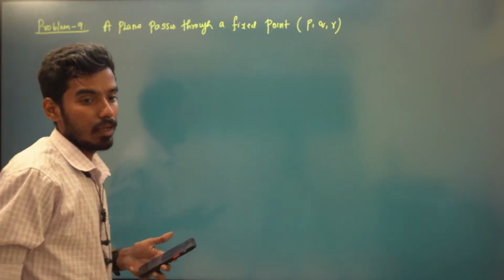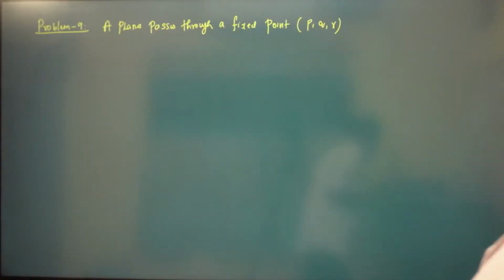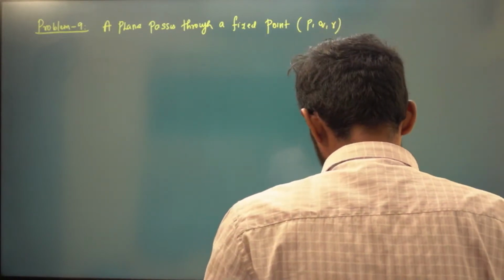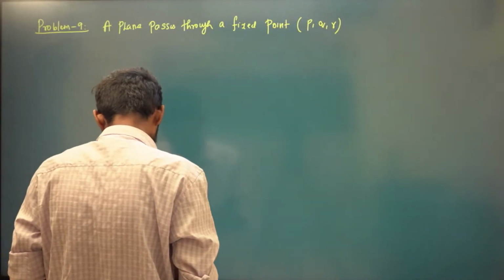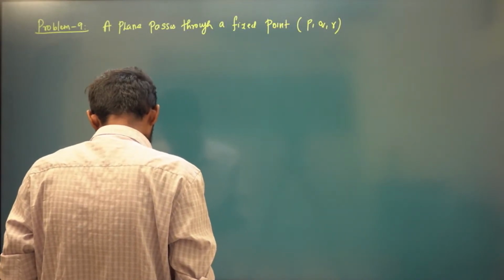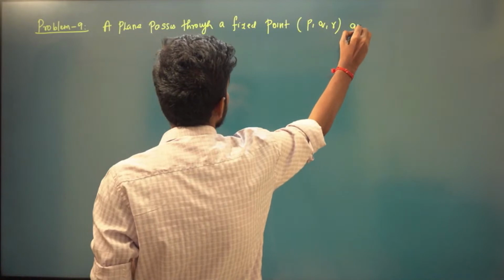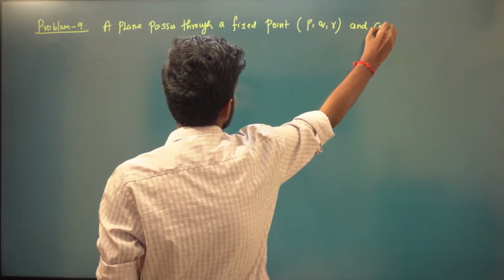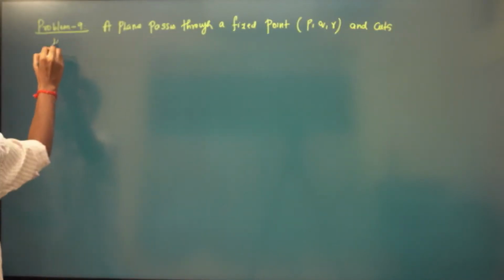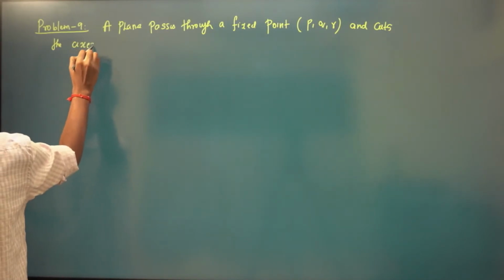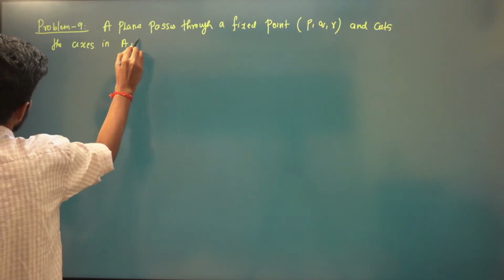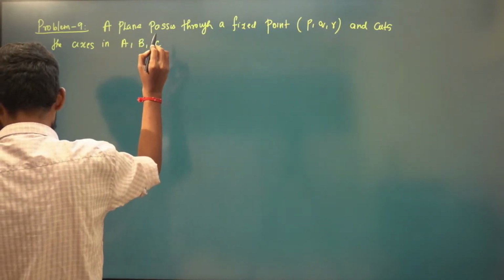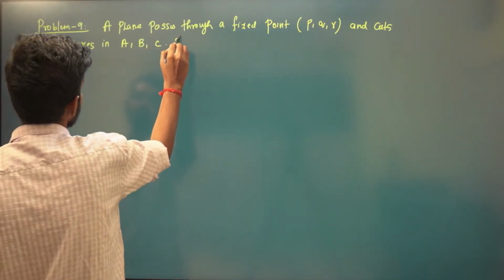We have a plane and it is passing through a point P comma Q comma R. Now we have a plane that is passing through a point P comma Q comma R and cuts the axis in A comma B comma C respectively.